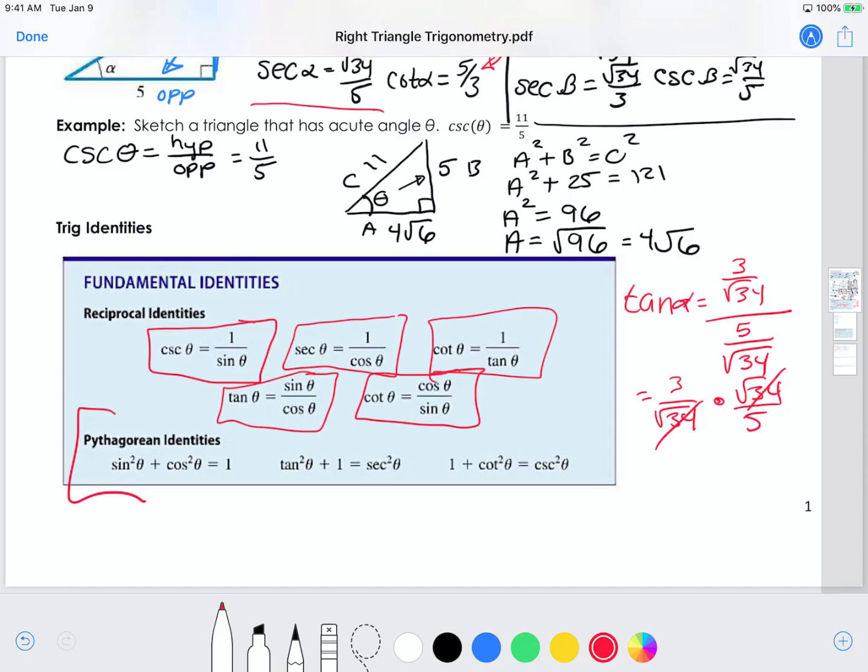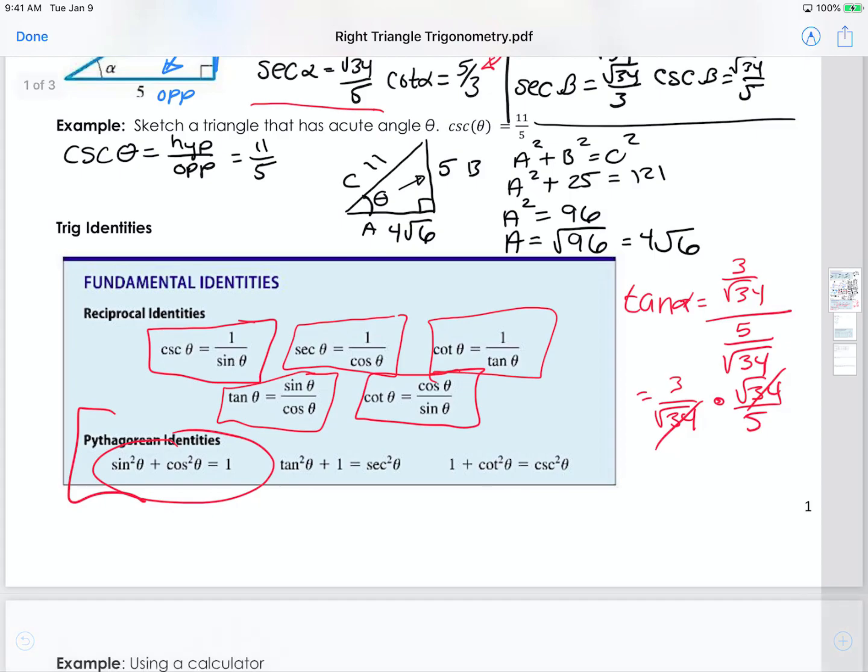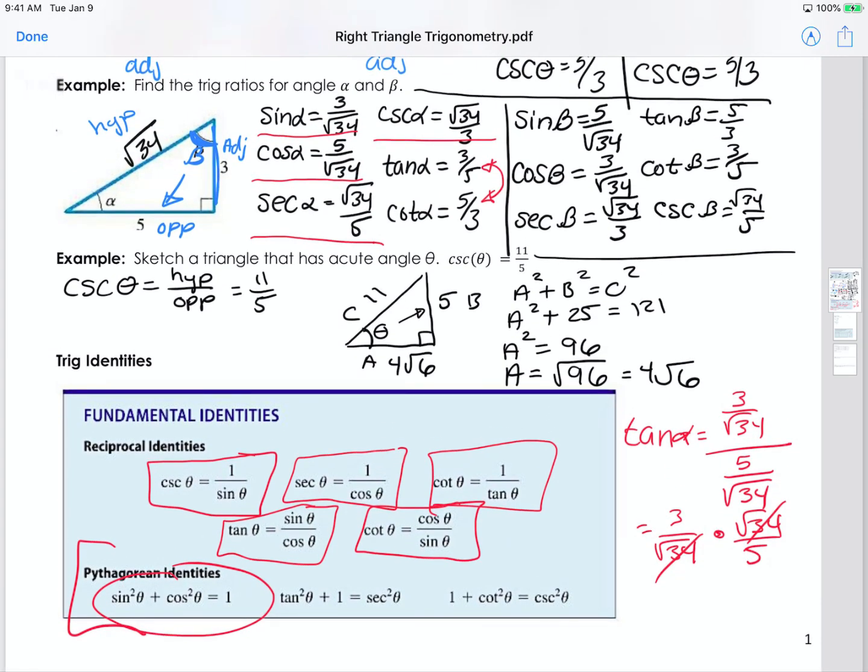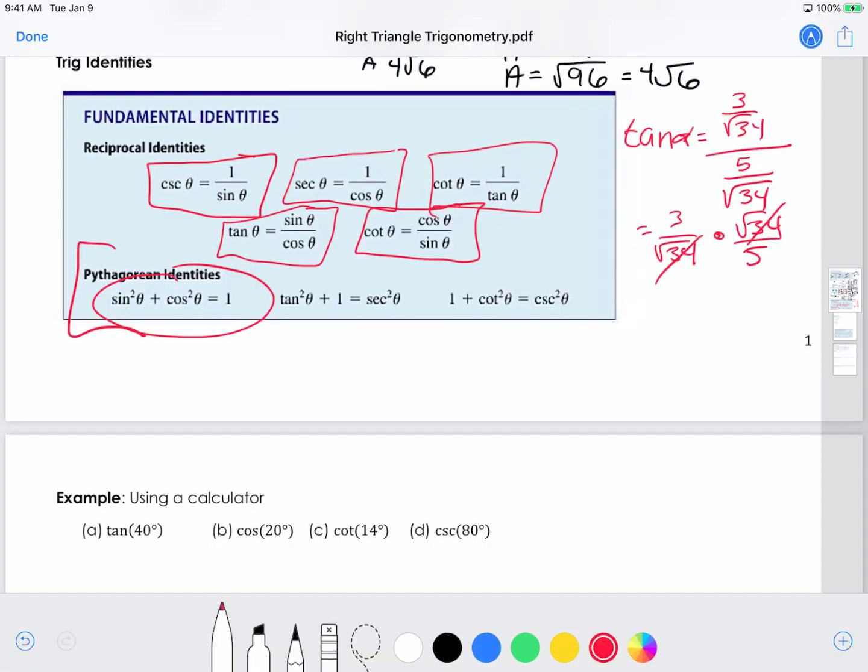For example, I can use this equation to figure out the value of cosine if I know the value of sine. Using our previous example, the sine of alpha is 3 over the square root of 34. I plug 3 over the square root of 34 into that equation and solve for cosine.